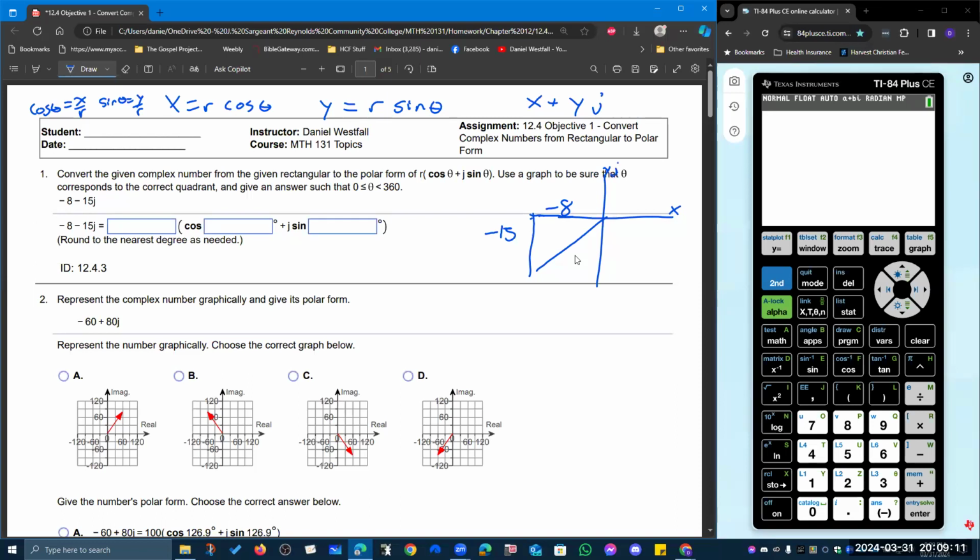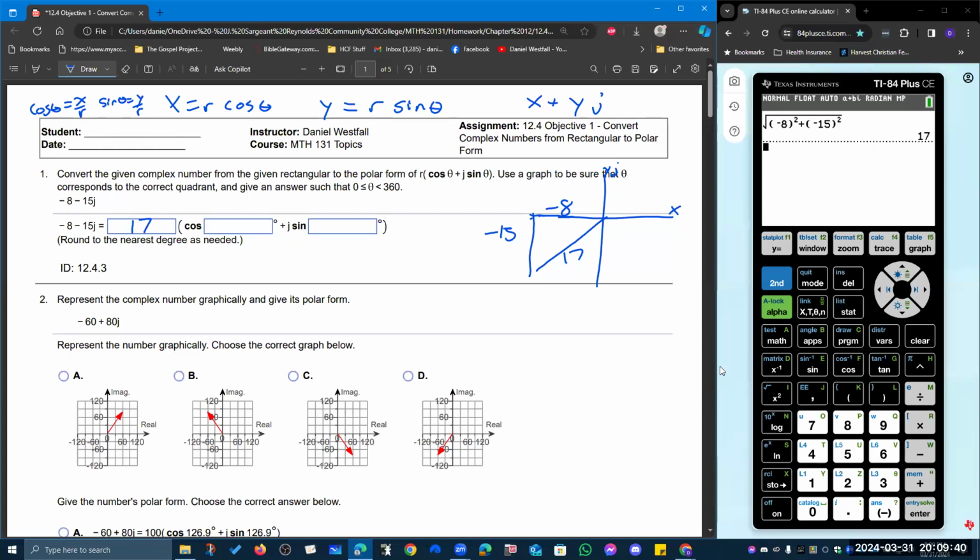So 8, 15, 17 is a special right triangle. We want to solve it here. The square root of negative 8 squared plus negative 15 squared is going to give me 17. Try to always have r be a positive number. Makes your life easier.